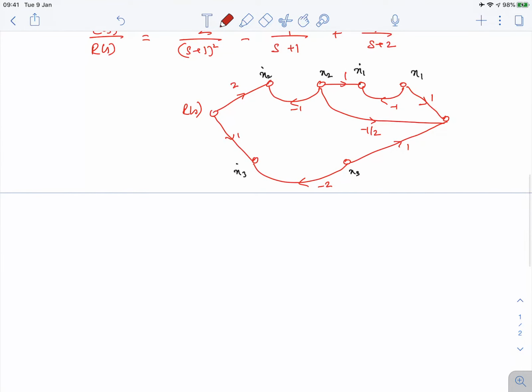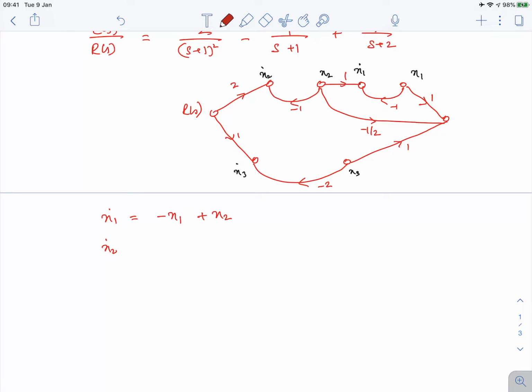Now writing the equations, so I would have x1 dot, so this becomes equal to minus x1 plus x2.